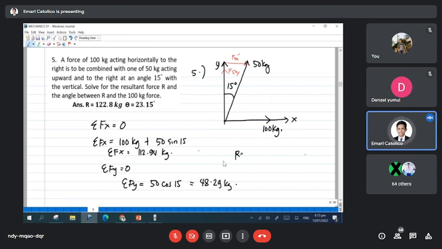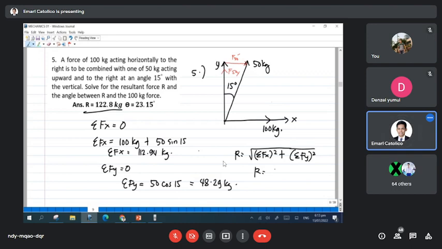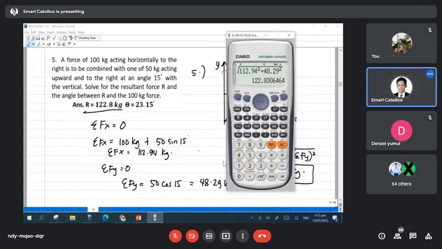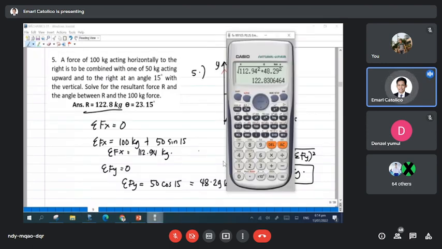So, nakuha mo na si summation of F of x, nakuha mo na si summation of F of y, makuha mo na si resultant. Square root of summation of F of x squared plus summation of F of y squared. So, i-direct na natin. Square root of 112.94 squared plus 48.29 squared. Okay, so sagot natin is 112.83 kilogram.